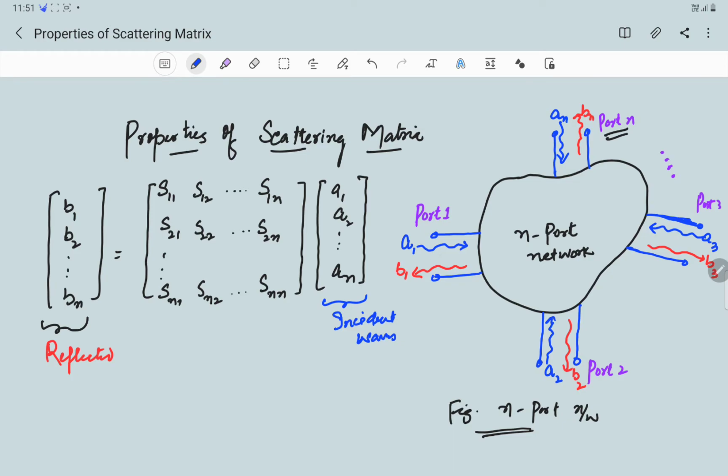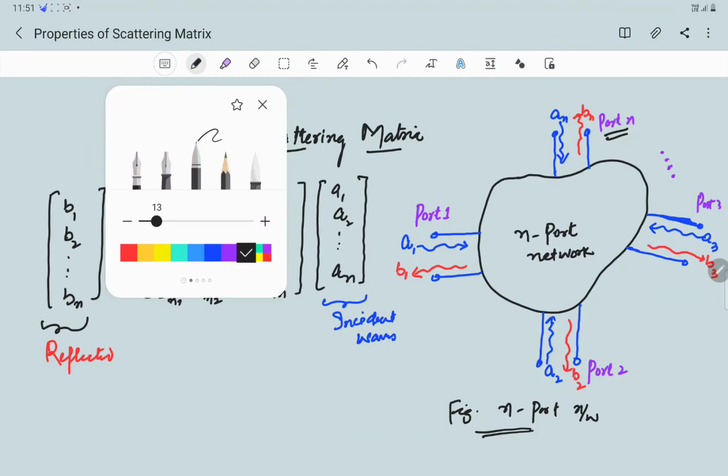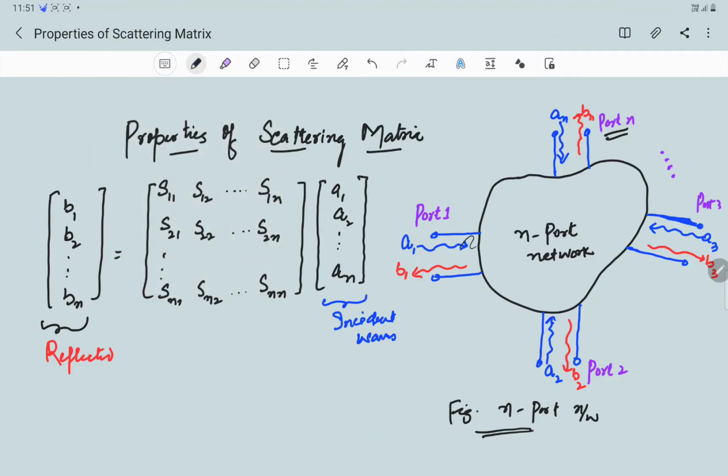I've shown here at port 1 the incident wave, for example, by A1. All the incident waves at these N ports, A1, A2, A3, so on up to AN, are shown in blue color. And the reflected waves at the ports, B1, B2, B3, are shown in red color.